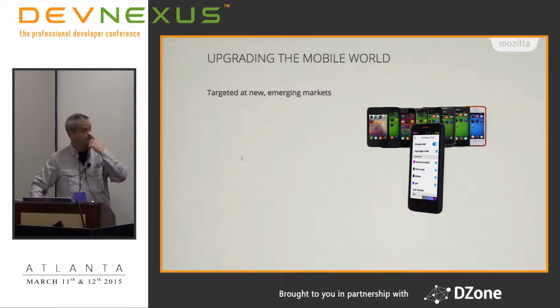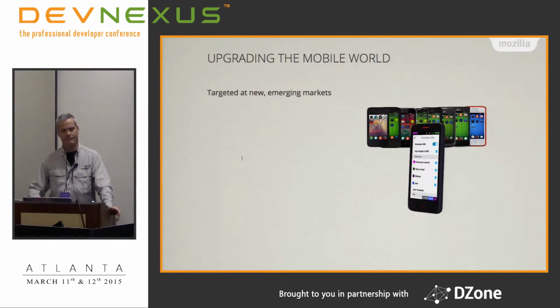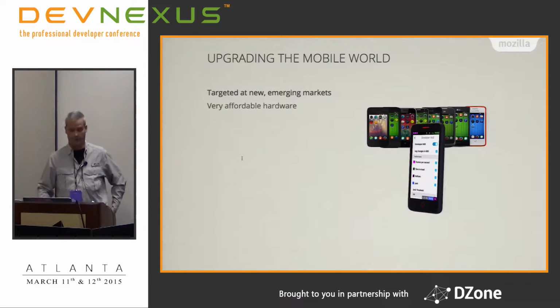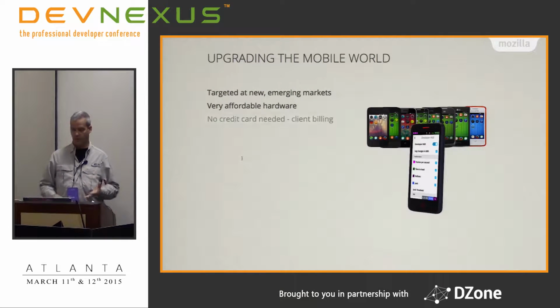Our initial releases of phones were targeted at the emerging markets, people coming from flip phones and getting them onto a smartphone. The whole idea was to make these cost effective, not high-cost phones like the iPhone, for example. So we initially targeted emerging markets, wanted very affordable hardware, and we didn't want people to have to use a credit card to buy things online.